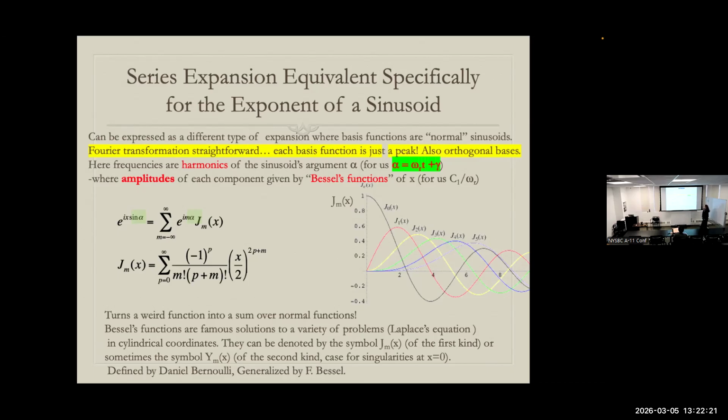That's a beautiful basis function. So that's what we want. We want to rewrite this crazy thing as a sum of normal sinusoids. It's a little different than the Taylor idea, but it has some parallels. And how do we know how to do this? Well, frankly, I wouldn't have.